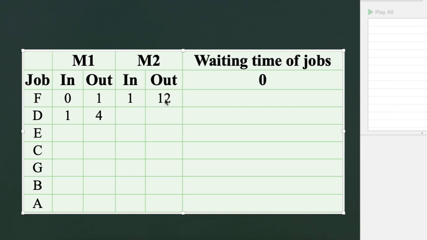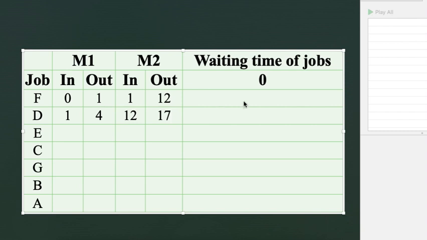And here we have the finishing time for job F on machine M2, which is 12 hours. The time required for job D on machine M2 is 5 hours, and hence 12 plus 5 is 17 hours out time, right?